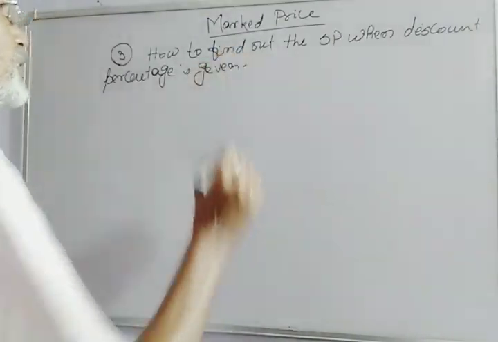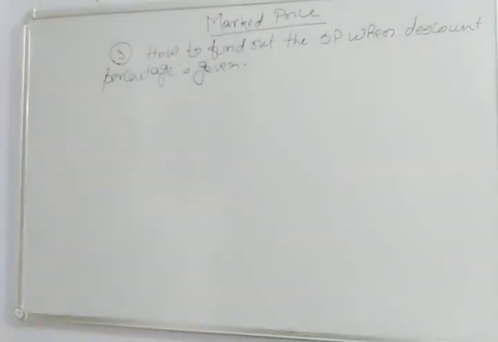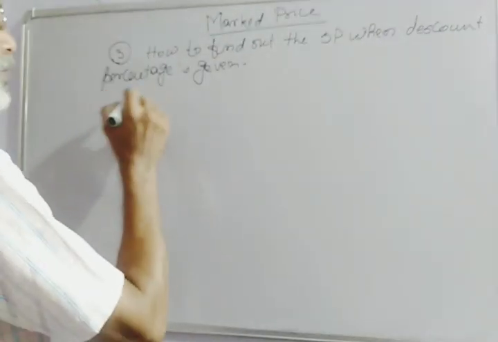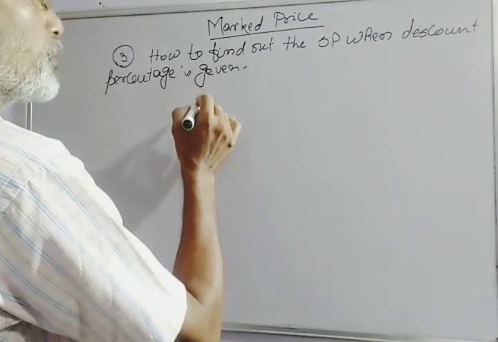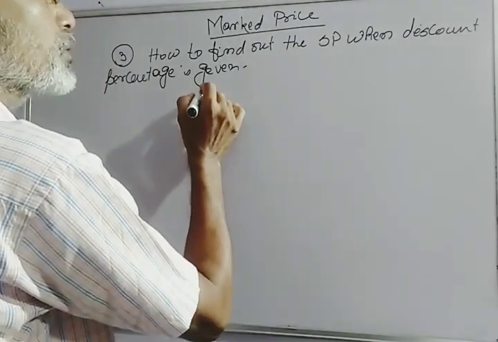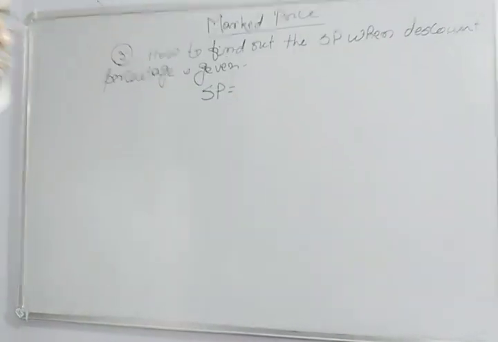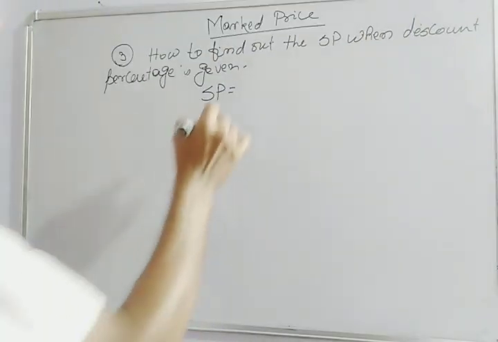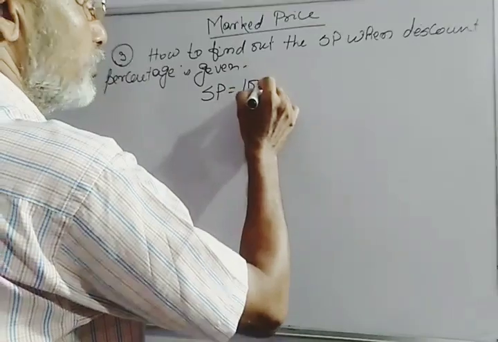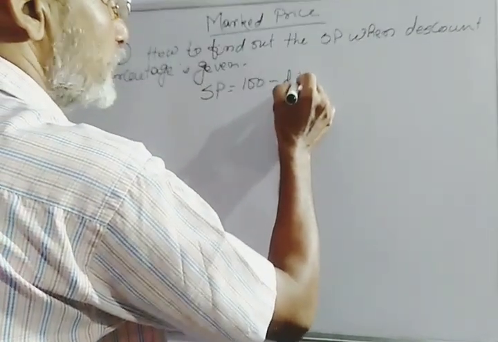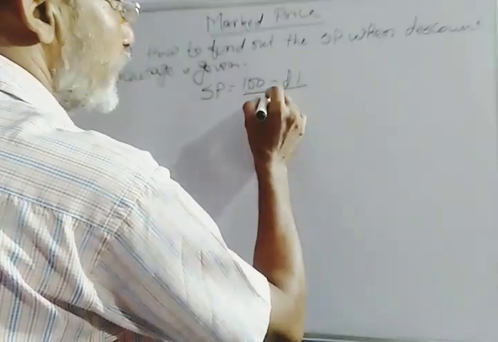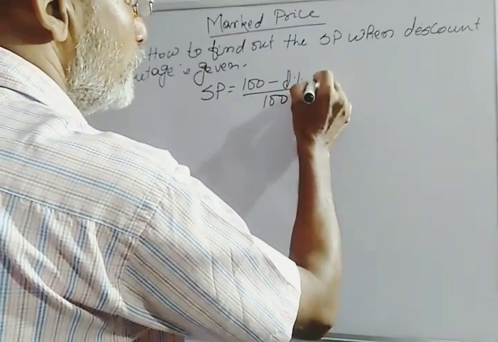Discount percentage is given. So see here, for example, first you have to find out the selling price is equal to 100 minus discount percentage by 100 into MP.